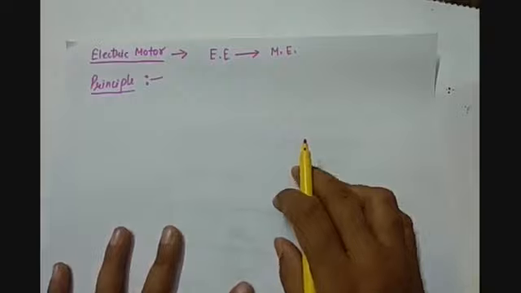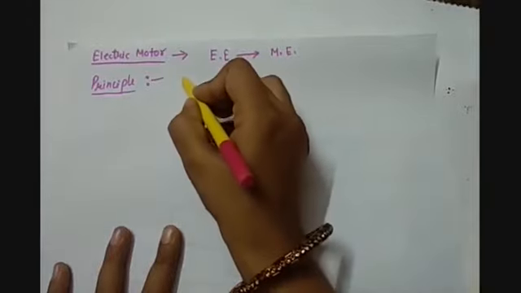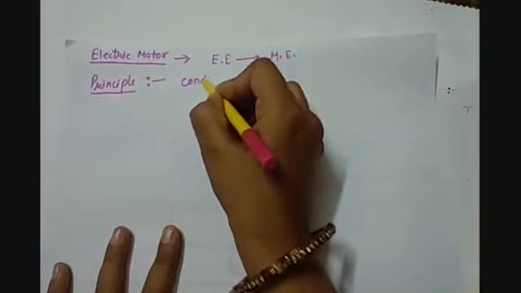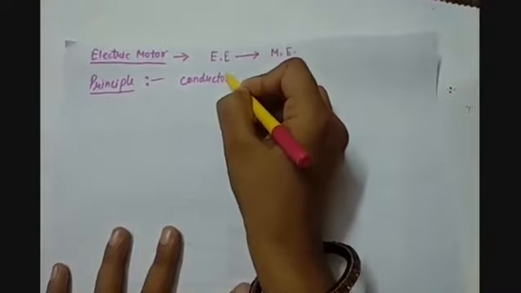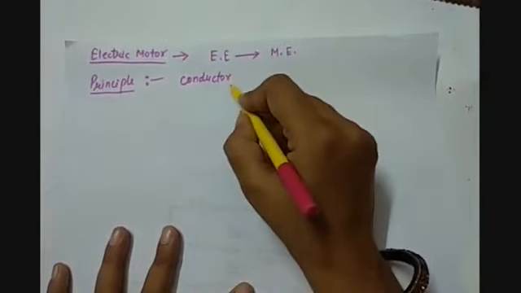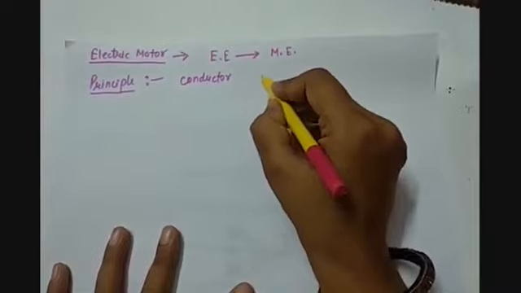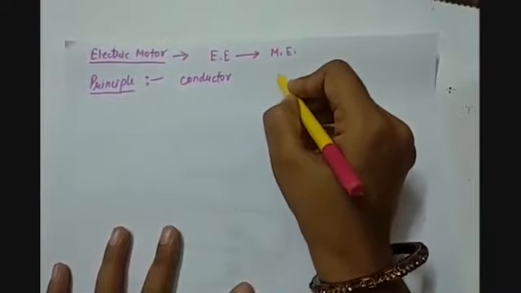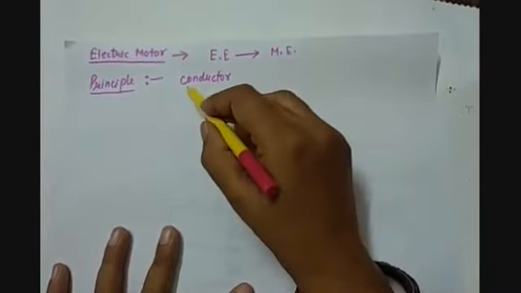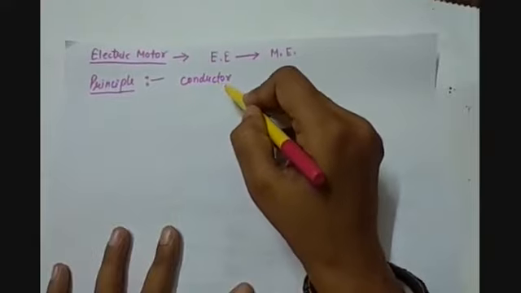That means we can make the conductor move by placing it perpendicular to the magnetic field, provided that the conductor is carrying the current.